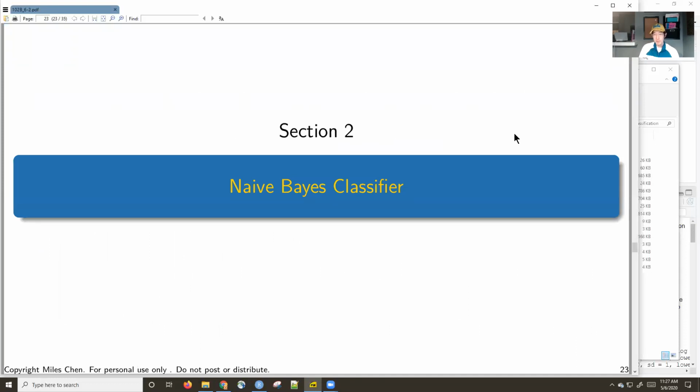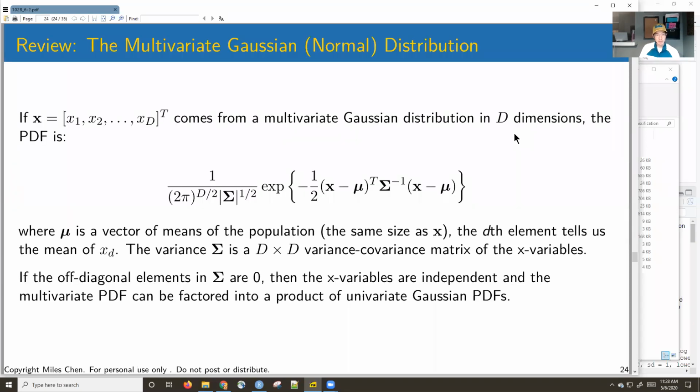Okay, so that covers the Bayes classifier, and so what I want to do is introduce the naive Bayes classifier.